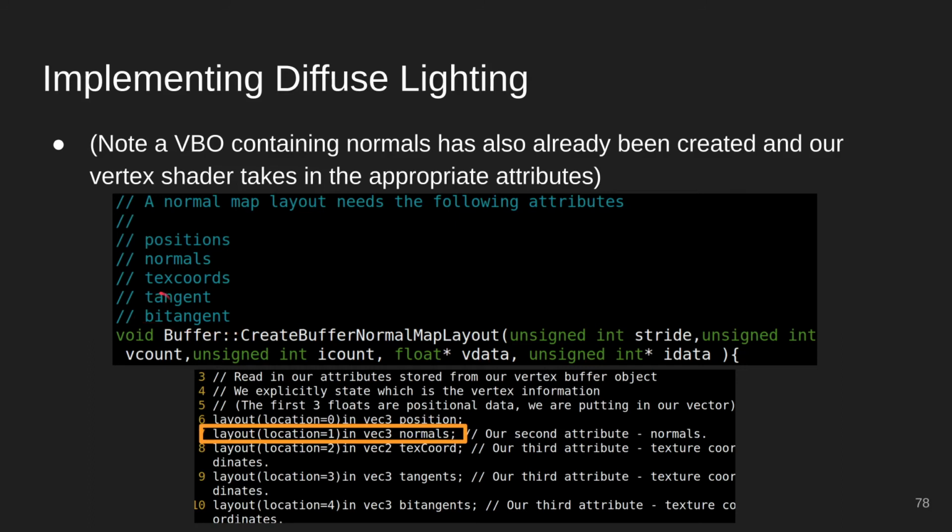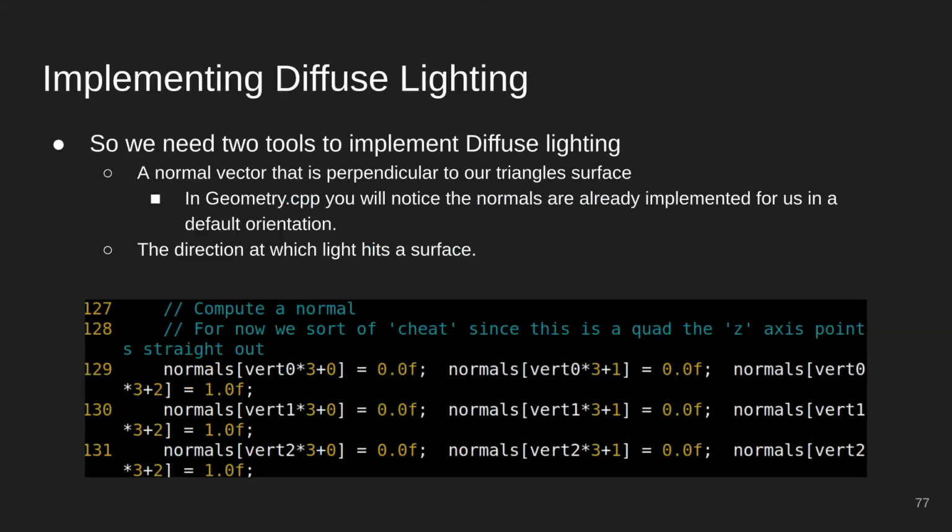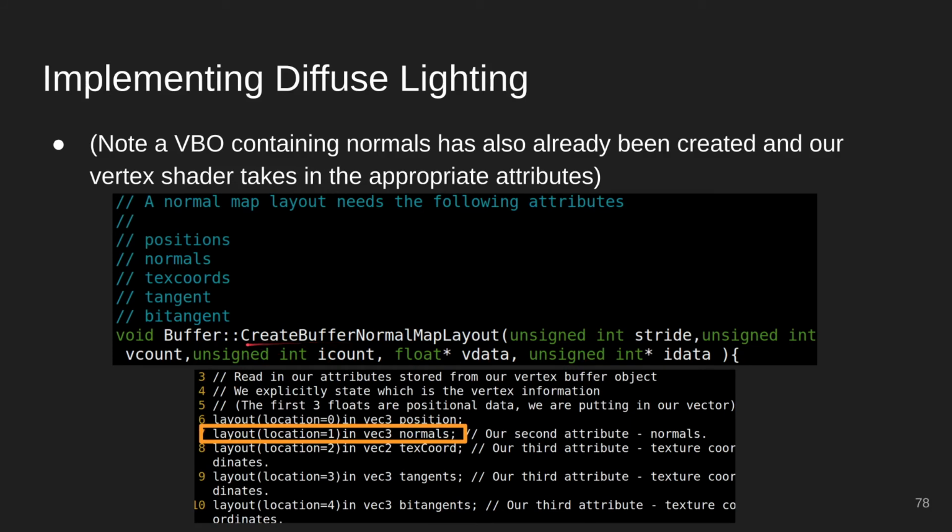I'm going to add in the tangent vector and something called the bitangent. We will talk more about that soon, but just know you've got starter code set up for you in this lab, so you don't have to really do anything with the tangent or bitangent right now. So those are the two things we needed: to compute our normals and then actually pass them through by creating a new buffer layout with that normal information.